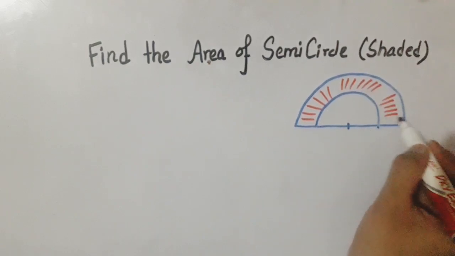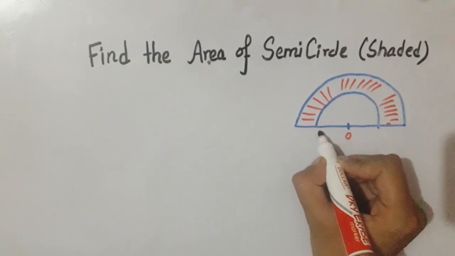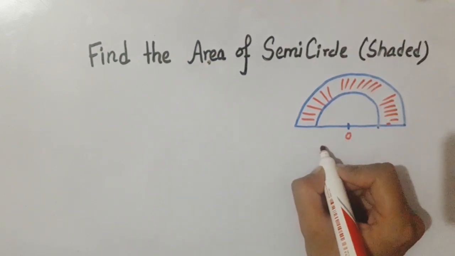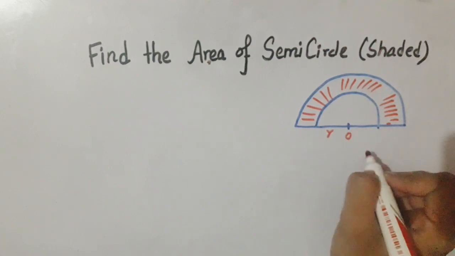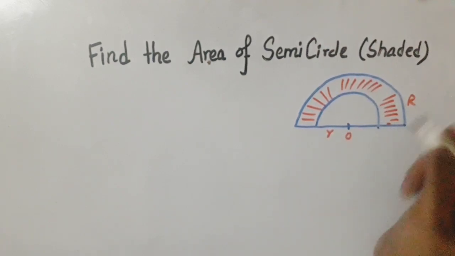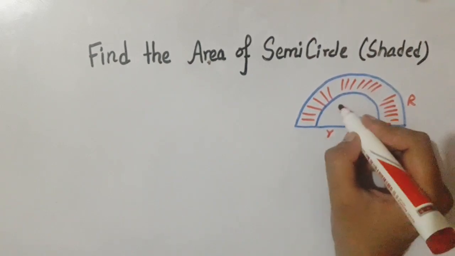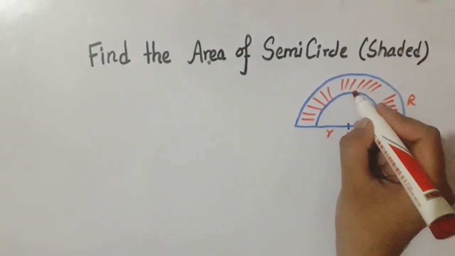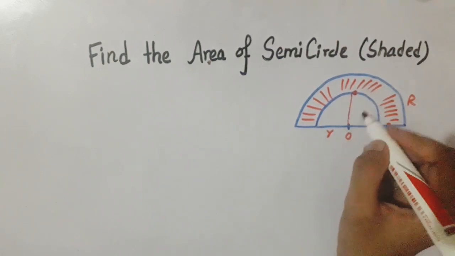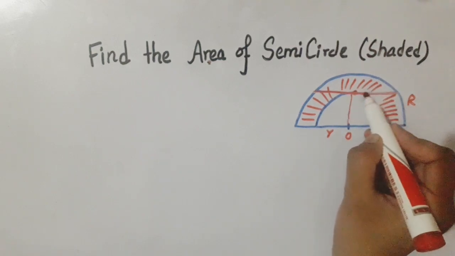So for this purpose, first of all consider this is the center O. The radius of this small circle is small r, and the radius of this capital circle is capital R. Now there is a point, and we will draw a tangent on this point.